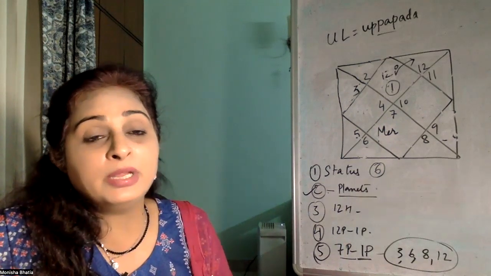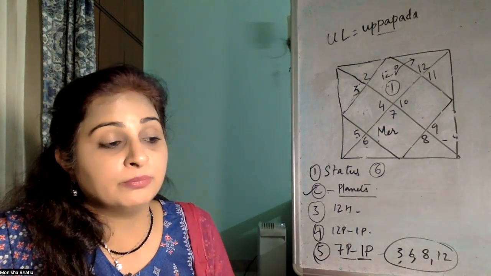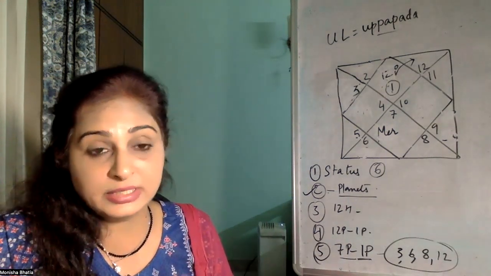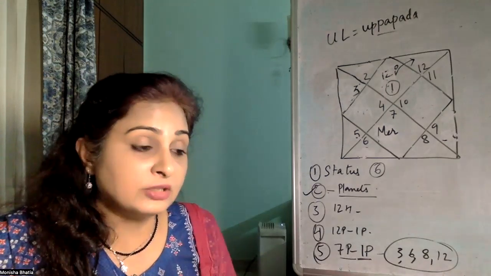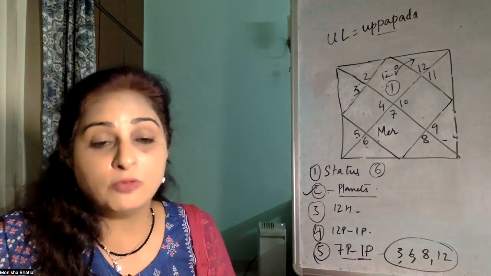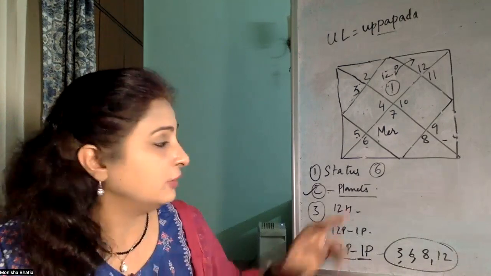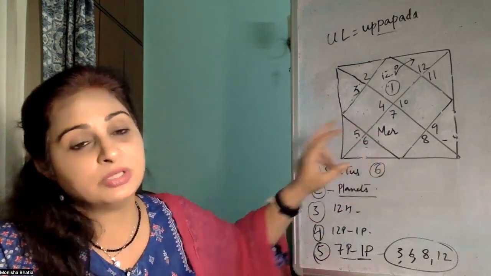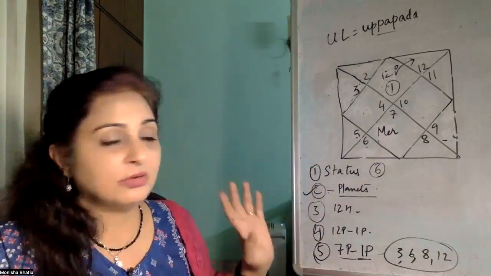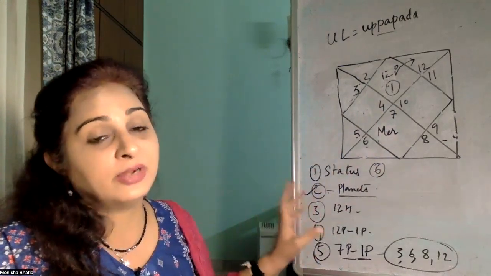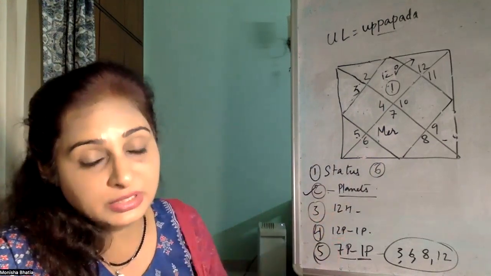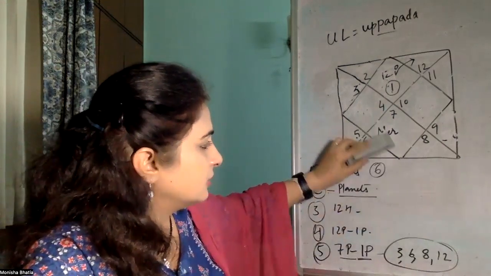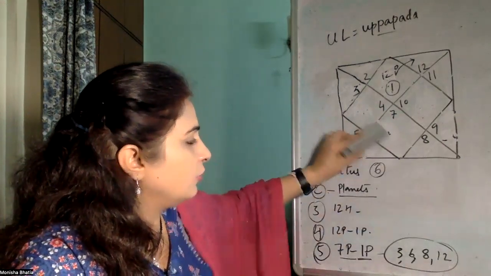The native could be very promiscuous, I would say, or the native would always listen to his inner thoughts, and he will not worry about what is good and what is bad. So he will do as per the whims and fancies of his mind if Moon is with Mercury. So that is not a good association if they are in trines or if they are associated with each other in your chart. So that makes your spouse very learned, and so would you be.